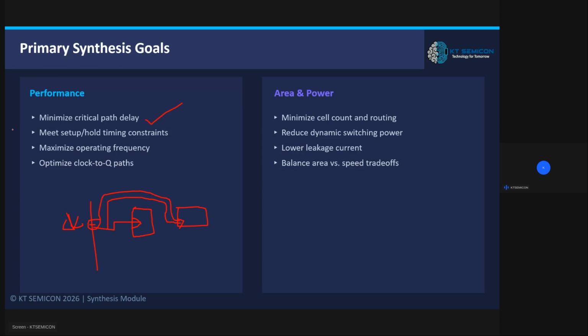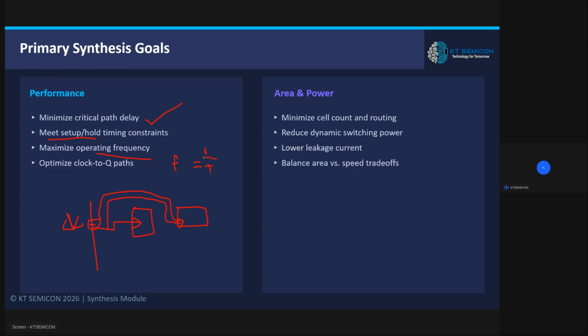We need to do all this and meet the setup and hold timing constraints. I'll explain what setup and hold mean in further slides. We also need to minimize the operating frequency. When my operating frequency is less, we have more time, right? Frequency f is equal to 1 by t.